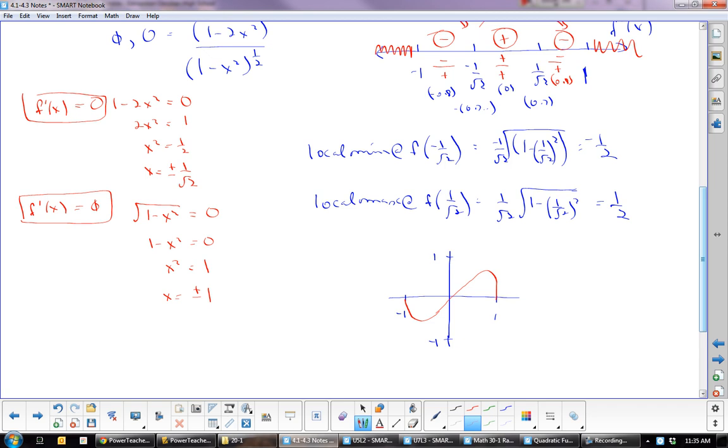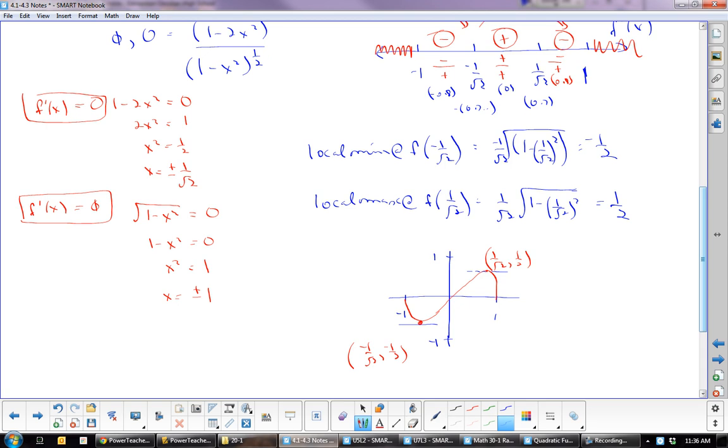You can see that this local min was at -1 over root 2 comma -1/2, and this max was 1 over root 2 comma 1/2. Again, you'd see that this is where the slopes were 0, right?